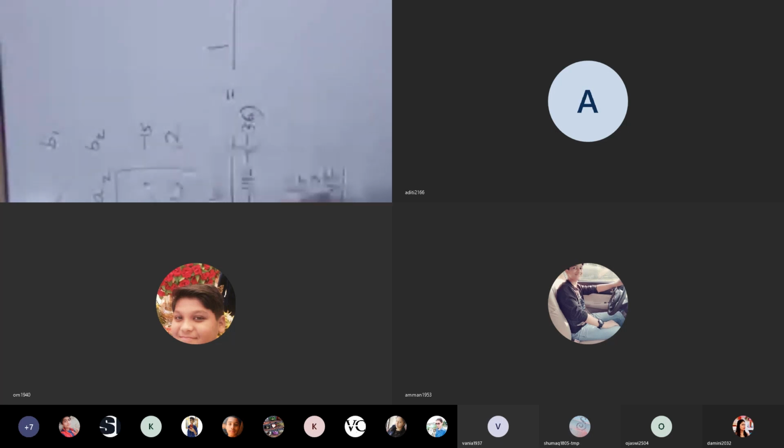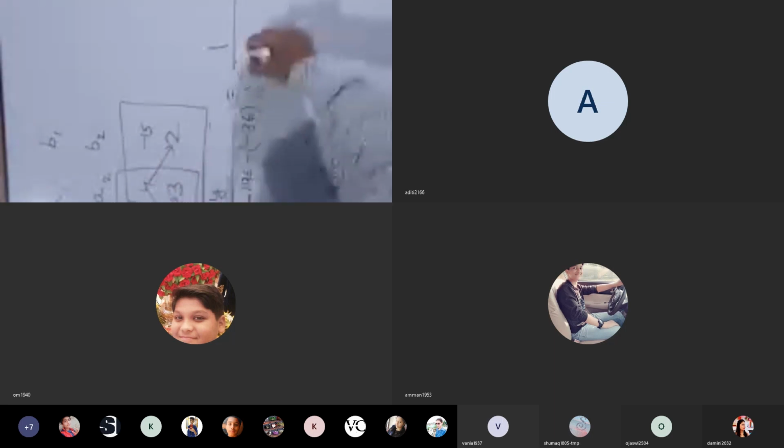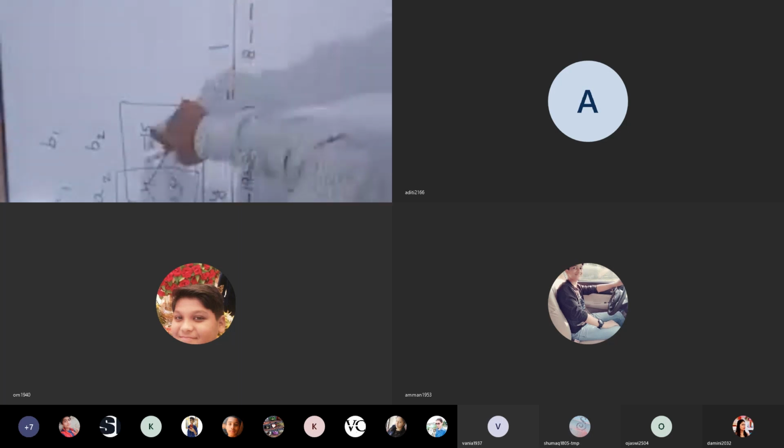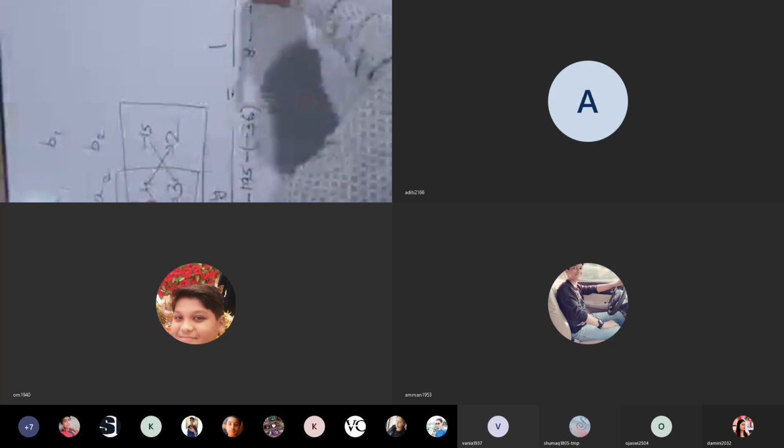Now we will take the last two numbers. Last two. You have to take them under 1. 4 into 2 is 8. Then you have to put the minus sign by yourself. Now we will multiply these two. This is a minus number and this is a positive number. Minus plus minus, 15 times 3 is 45.